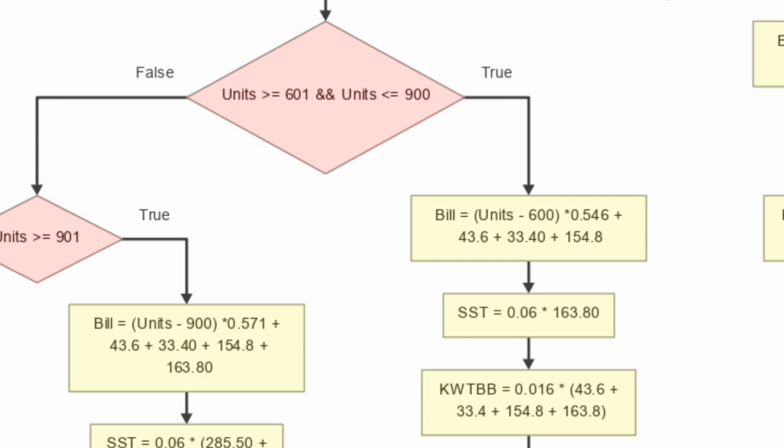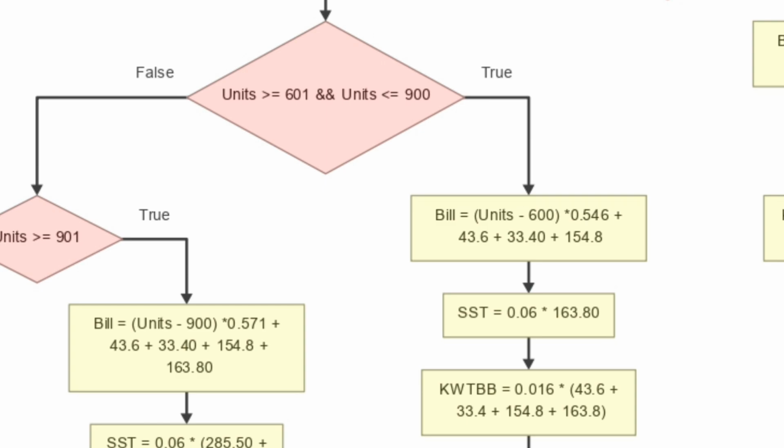The total bill if the consumption is 900 units is RM 395.60, which concludes the units more than or equal to 600 and less than or equal to 900. If the statement is true, the units will be multiplied by 0.546, which is RM 0.546 per unit. Since the rule of the KWTBB is met, we need to calculate the total bill plus the KWTBB rate, which is 0.016 multiplied by the bill on the fourth tariff.